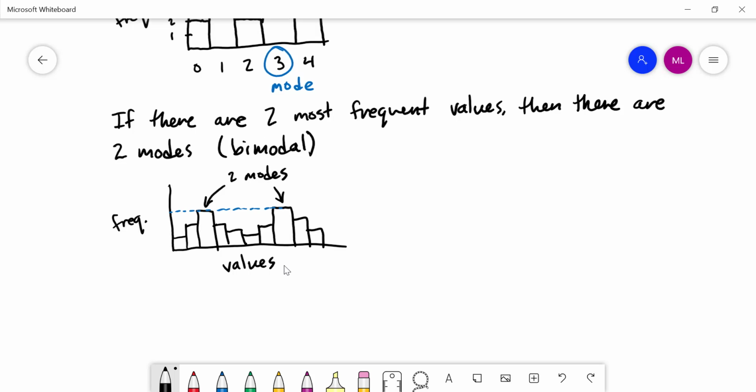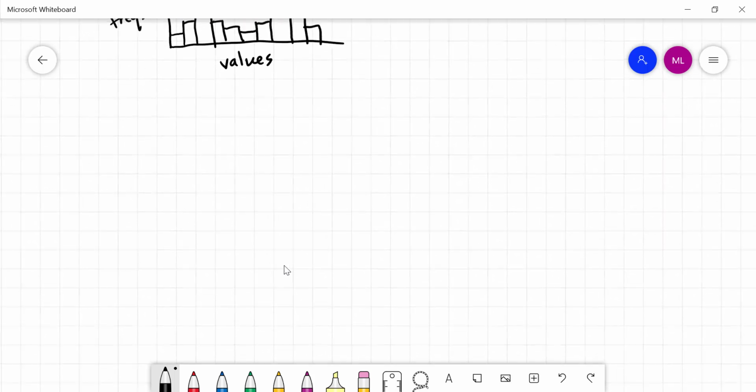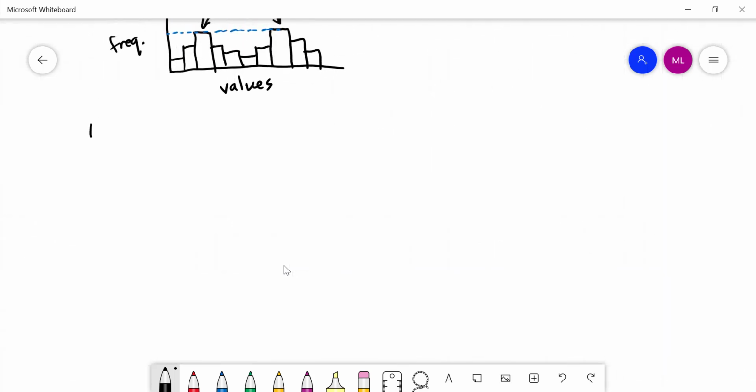Okay. So we've got our three different approaches for finding the center of our data. Why do we need three approaches? Why do we have three different measures of center?